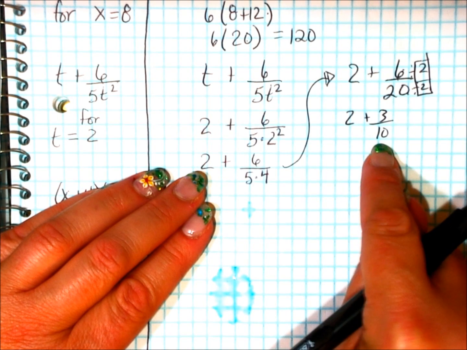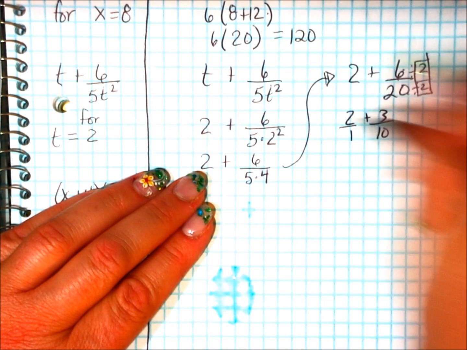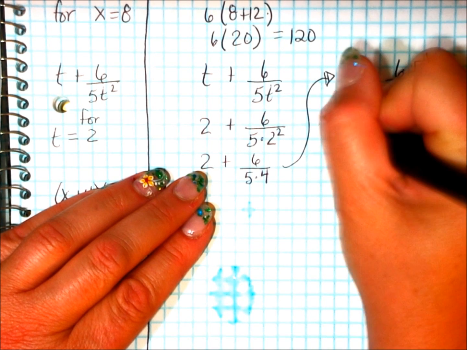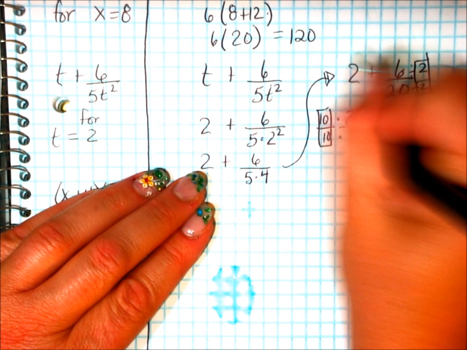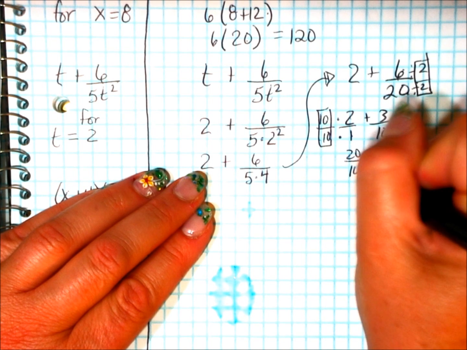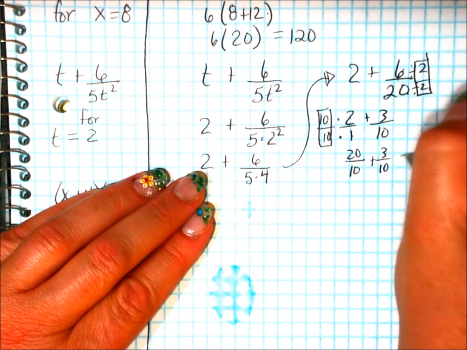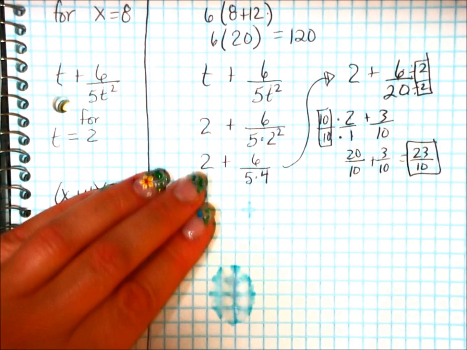Since this is 10, my common denominator is going to be 10. So if I'm looking at this as 2 over 1, again, multiplying by 1, there's my identity property. 10 times 2 would give me 20. 10 times 1 would give me 10. So when all is said and done, I have 23 tenths as my answer.